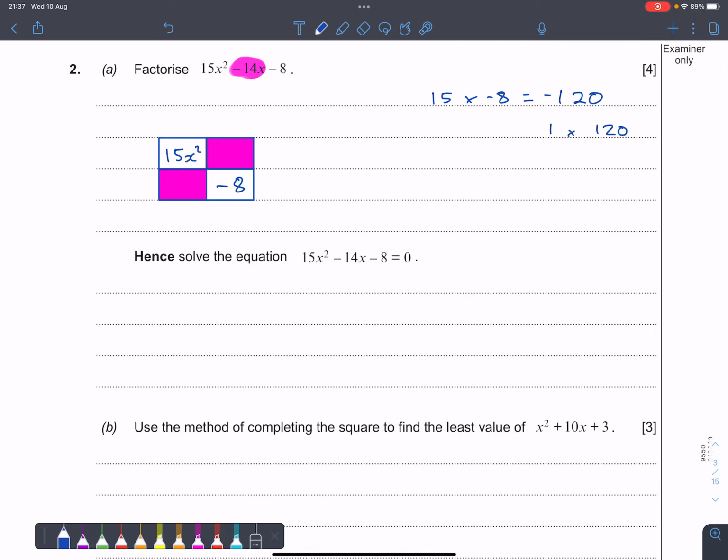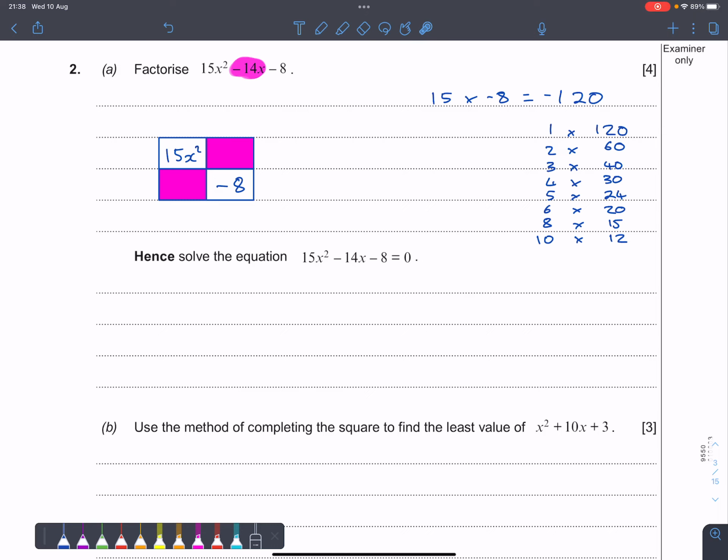There's going to be a fair few of these, so I'm going to make it quite small. 2 lots of 60. 3 lots of 40. 4 lots of 30. 5 lots of 24. 6 lots of 20, 12 times.